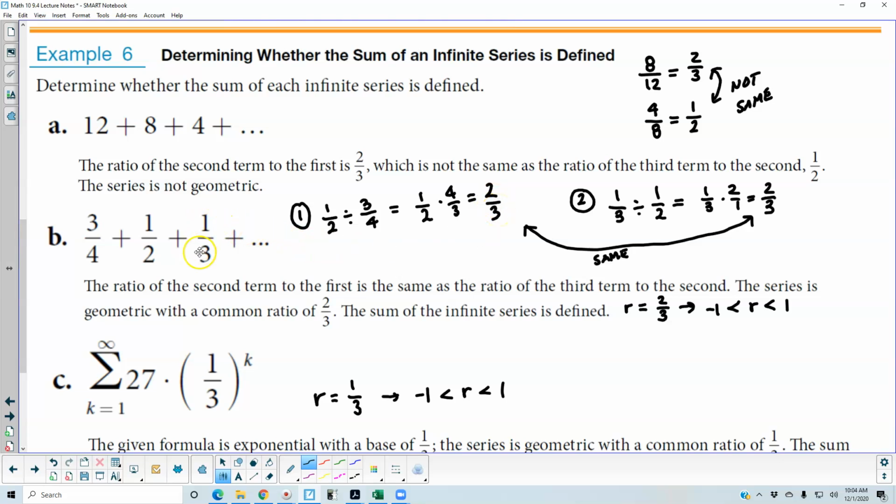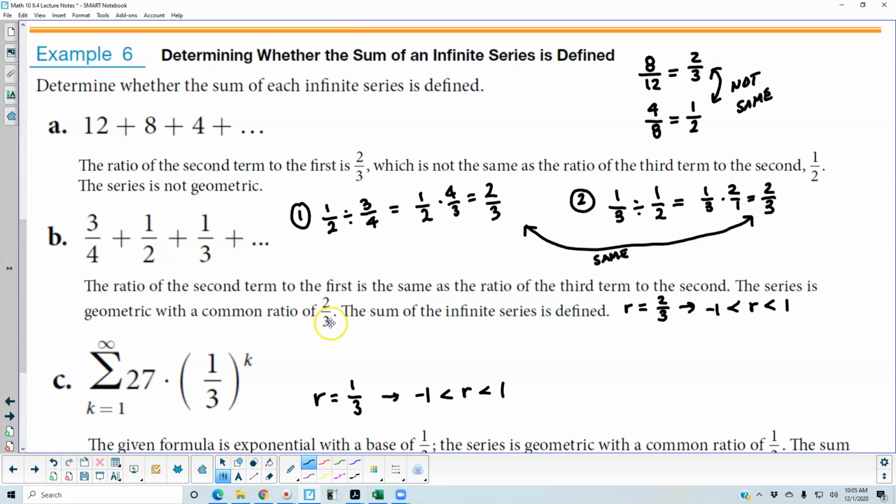If we take 1/3 and divide it by 1/2, we take the reciprocal, so it becomes 1/3 times 2 over 1, which is equal to 2/3. Since those two are the same, we can say that this so far is a geometric series. So the ratio of the second term to the first is the same as the ratio of the third term to the second. The series is geometric with a common ratio of 2/3.